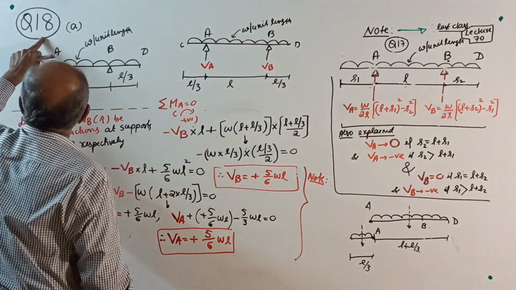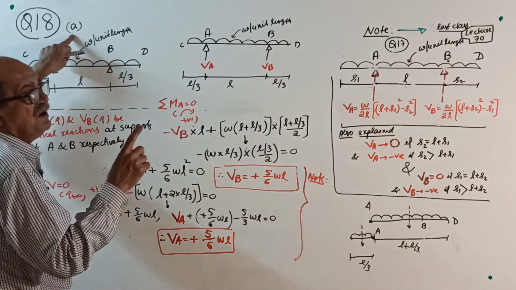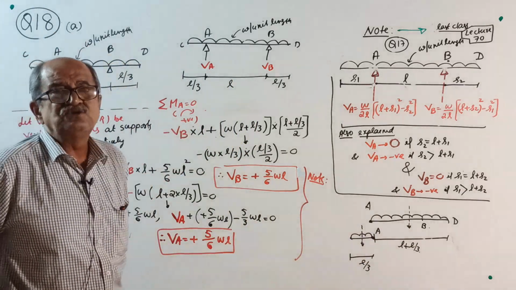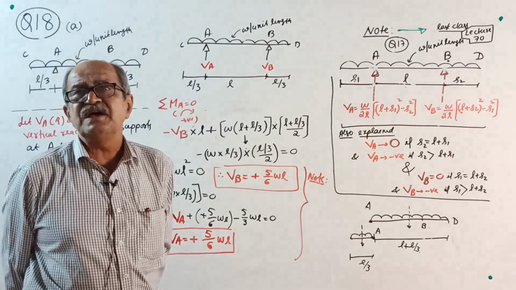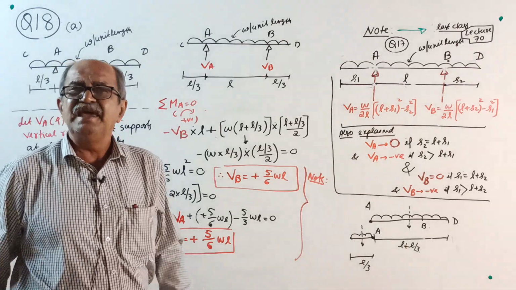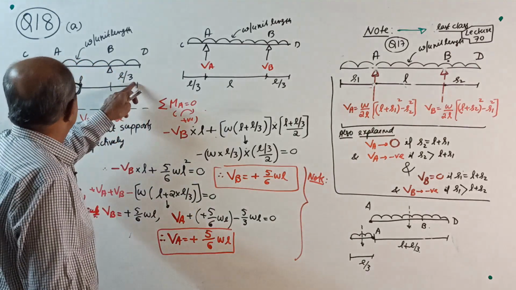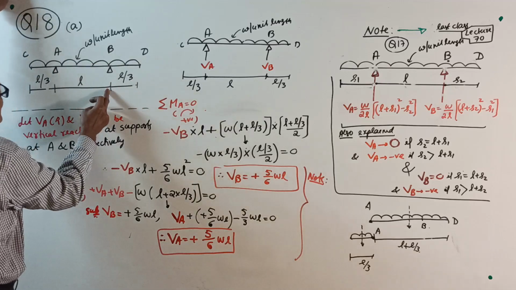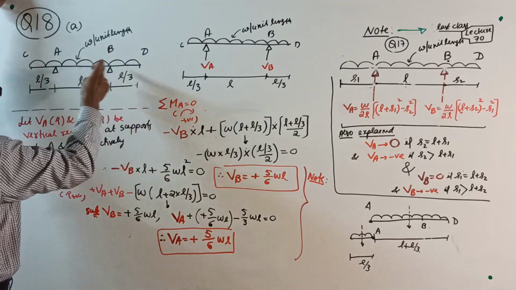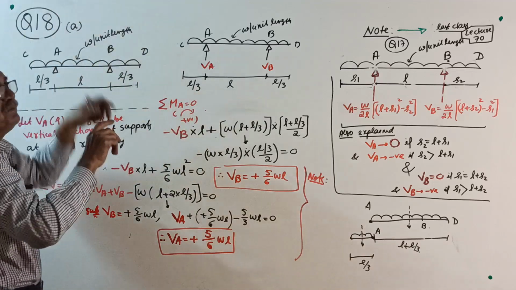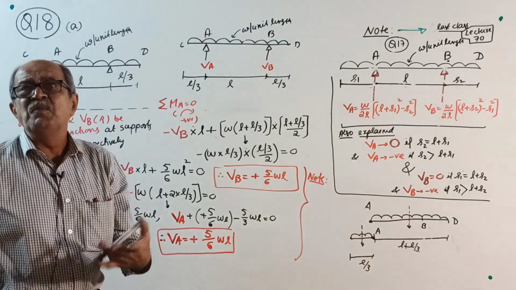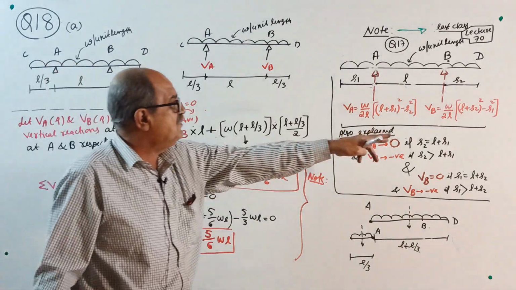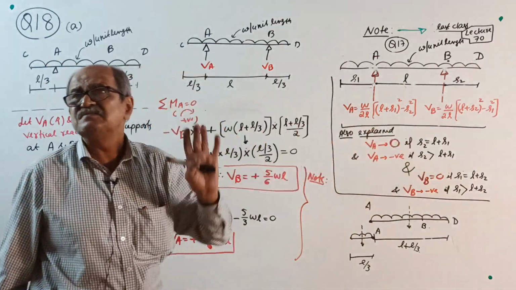Now, question 18: A I will dictate, B also I will dictate, C onwards I will tell to save time, same dictation. Distances will change. In all of question 18, I will take the span as L. These overhangs I will take as part of L, or maybe more than L, based upon my requirement.